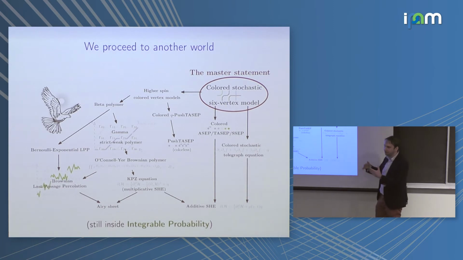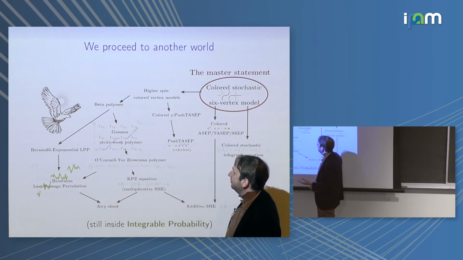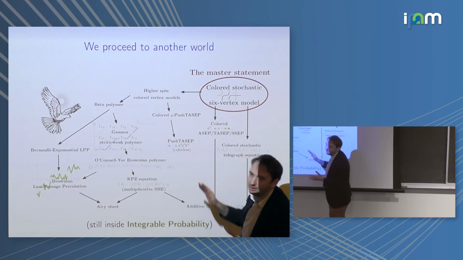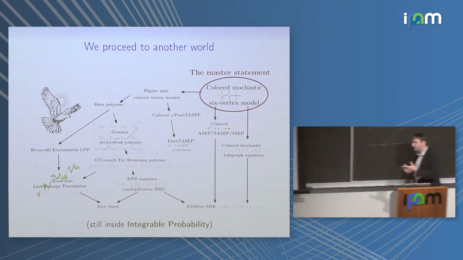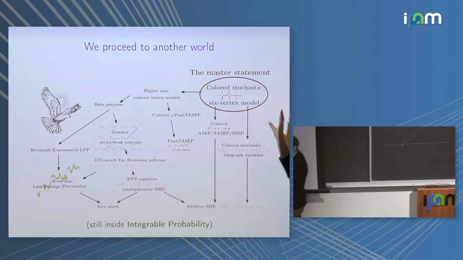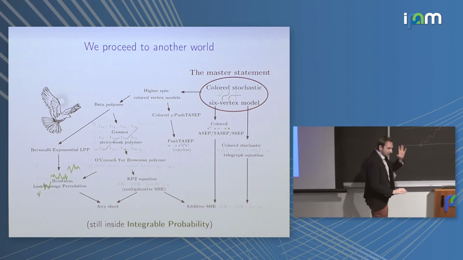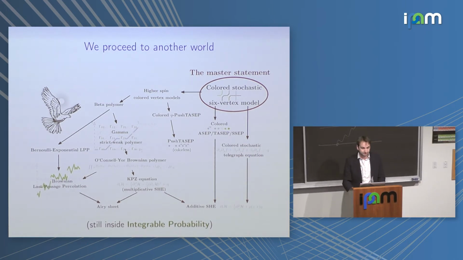Sometimes you just do a direct limit transition, but sometimes you need something more complicated. For example, here you need a procedure known as fusion. Some of these points rely on analytic continuation statements. So there are different procedures, but in a sense, you would think that they are simpler. All these limiting procedures are simpler than the master statement, which we are proving on the very top level of this colored stochastic six-vertex model.